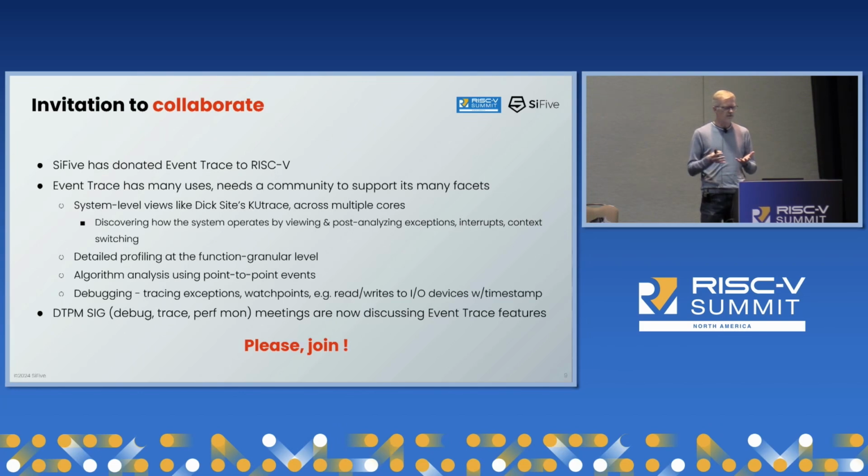And we also need, when this gets ratified or gets closer to ratification, to encourage the software community to chip in to actually either create new tools or extend existing tools to leverage this functionality for doing performance profiling, like the KU trace from DigSight, or doing it for debugging or algorithm analysis using point-to-point events.